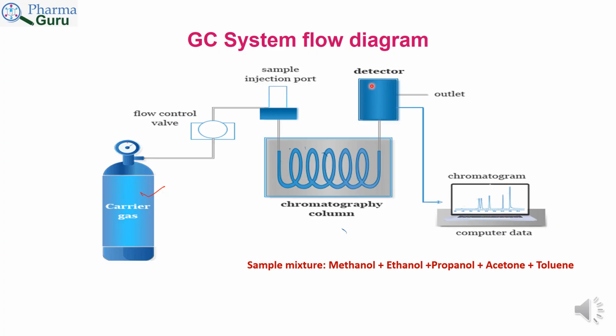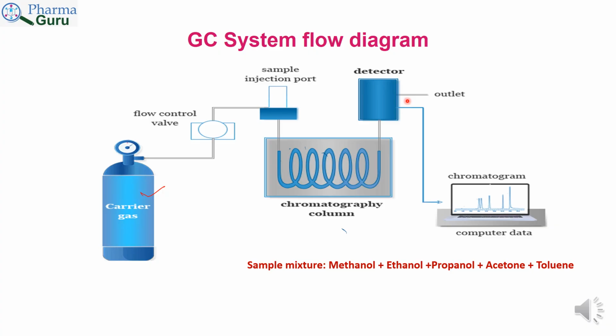Detector detects it and sends that signal to the data processor, and data processor converts it to the peak of acetone. Then after, toluene comes out from the column and goes in detector.